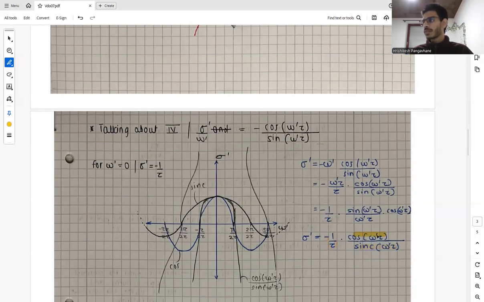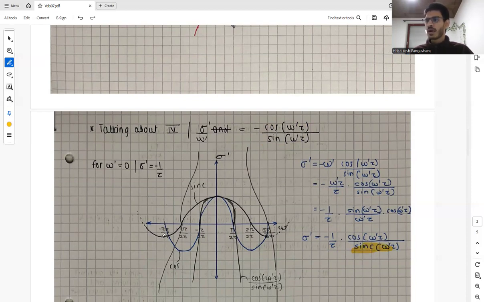So let's plot this entity first. When we plot a cosine wave, it is a curve like the cosine wave represented in blue. This is how we derived it, and this is where the sinc function came from.